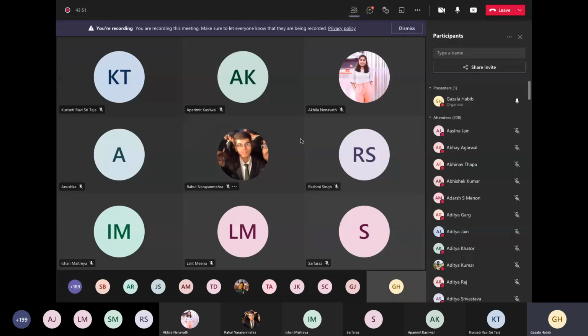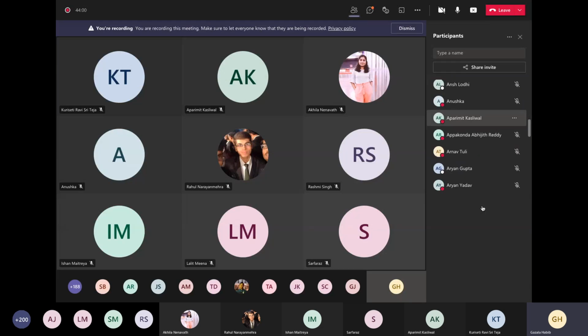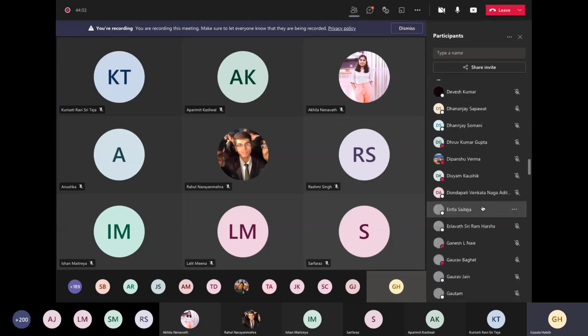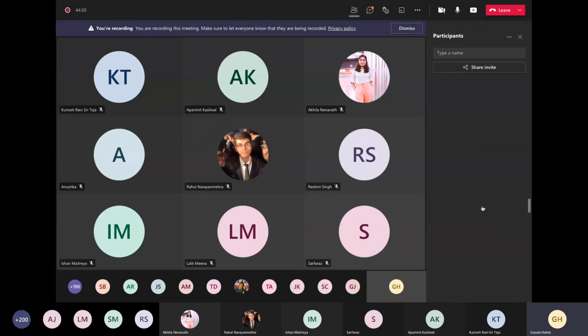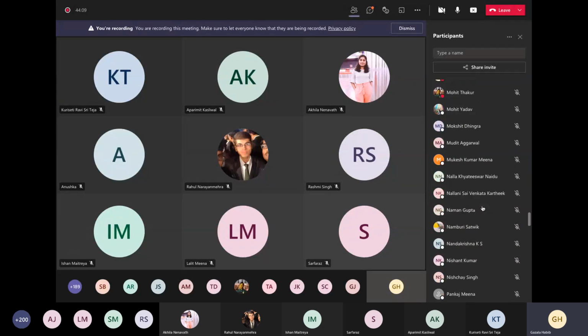So it's not whenever you log in. If somebody attends using a personal ID, he will appear as a guest, right? If you are attending using your Gmail ID or something, then you will appear as a guest. So I don't know. Let me ask my TA. She will explain.